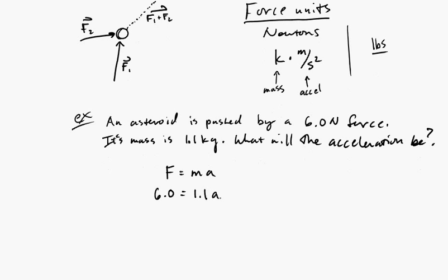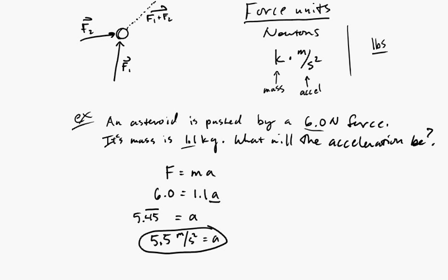You plug it in and then you get the variable you want, a. So you divide by 1.1, and when you take 6 divided by 1.1, you get 5.45 repeating. So what we're going to do is take into account that we have 2 sig figs and 2 sig figs. So I will call this 5.5, because I rounded it to 2 sig figs, meters per second squared is your acceleration.